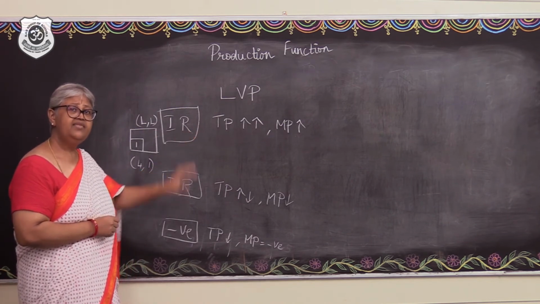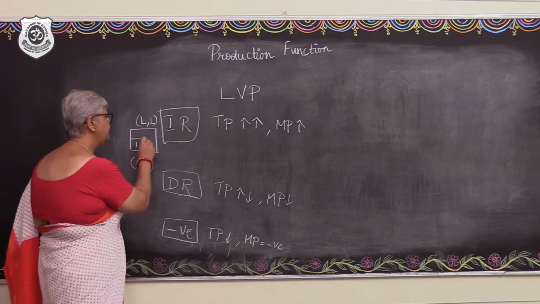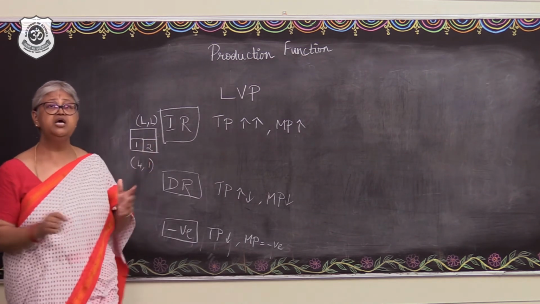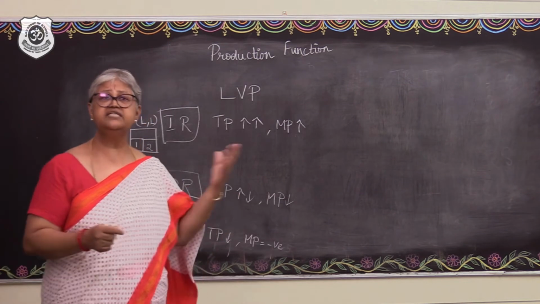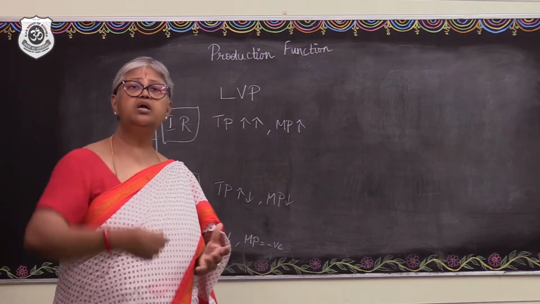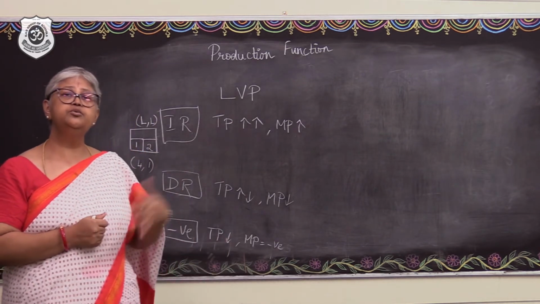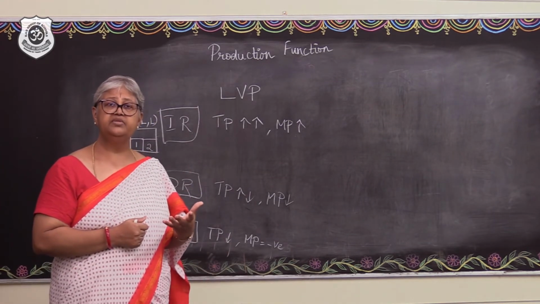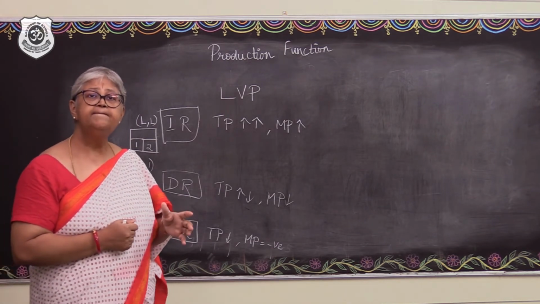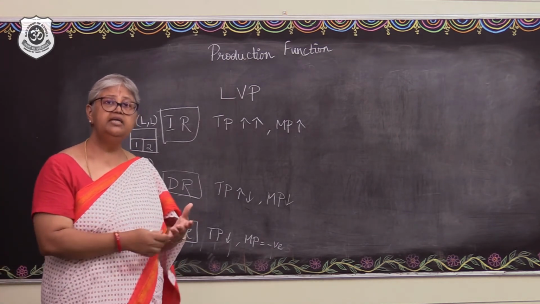Right? And then the second person is going to be hired in the process of production. So combined together, the first and the second are going to contribute much more towards the total product. Yes? Compared to the first person, the second person is going to contribute a little more. Why?